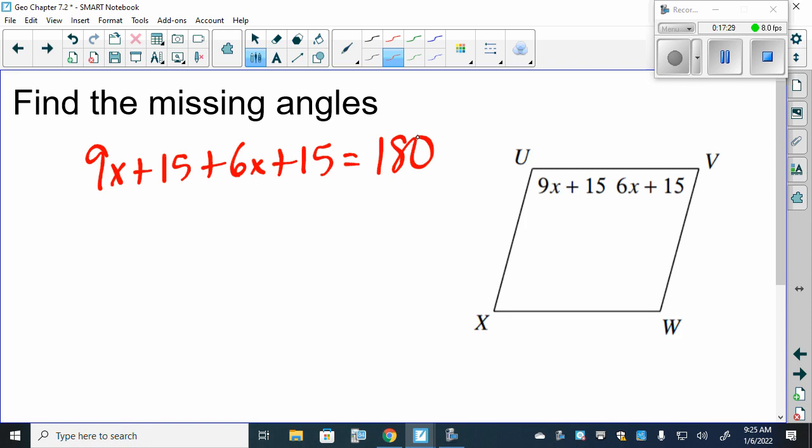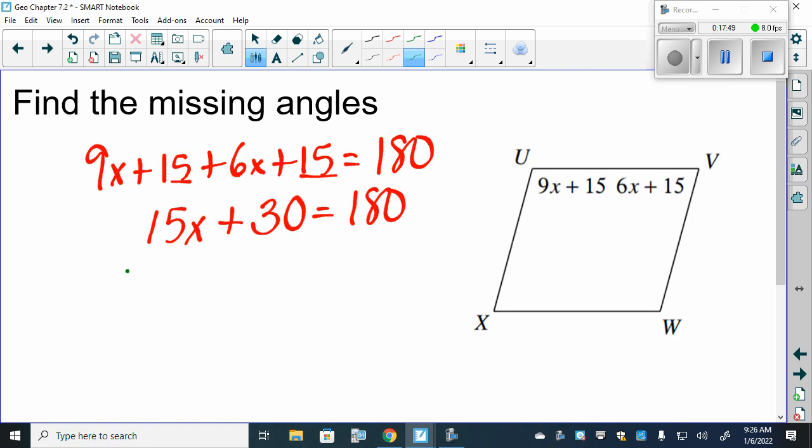Now we can combine like terms. 9x plus 6x is 15x plus 15 and 15 would give us 30.